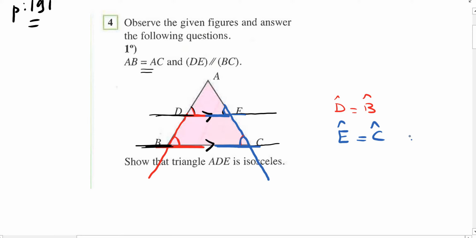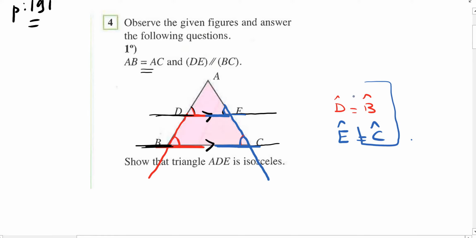Now let me compare. I want to reach a point that helps me say that D and E, the two angles, are equal. Let me compare as we used to do previously in the previous chapters in geometry. Angle D equals to B, angle E equals to C, but what about B and C?